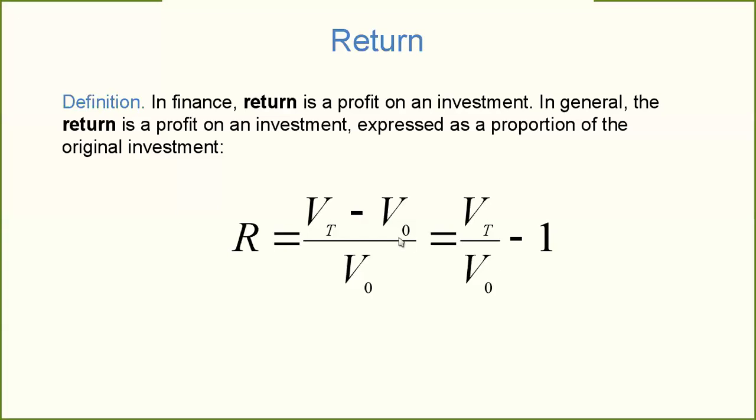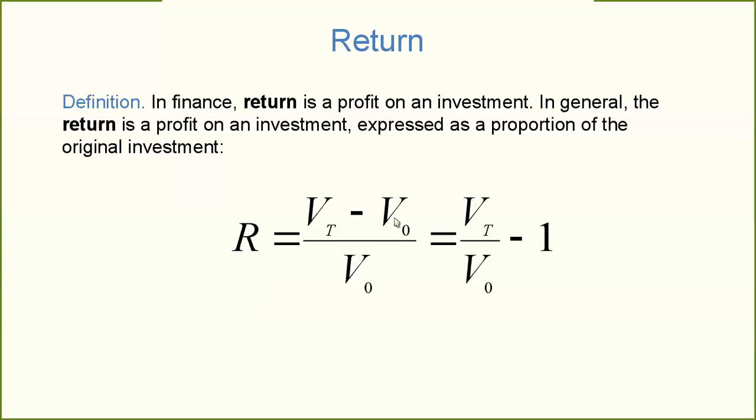Yes, you understand this. So we need to find a profit expressed as a proportion of the original investment. We denote the return as R capital, and in finance, a return R capital is a profit on investment expressed as a proportion of the original investment.